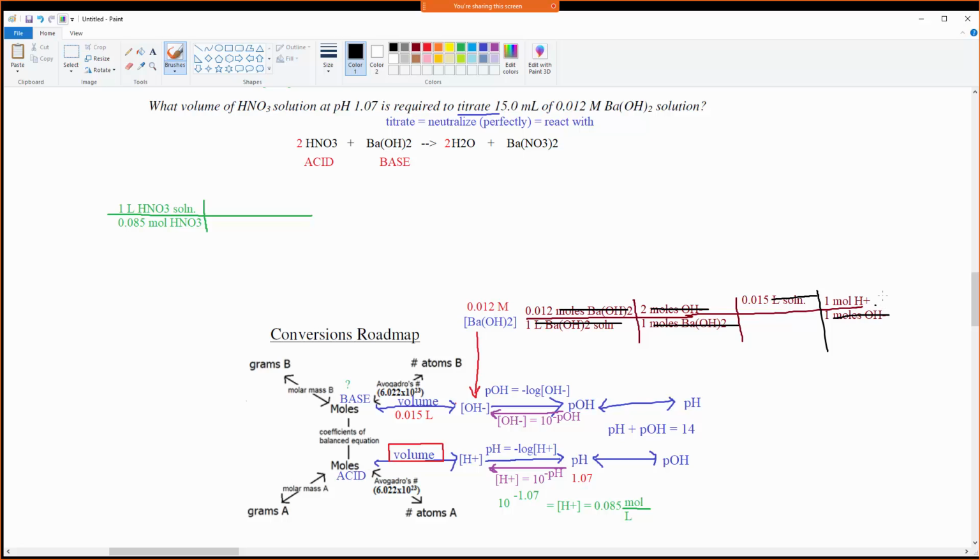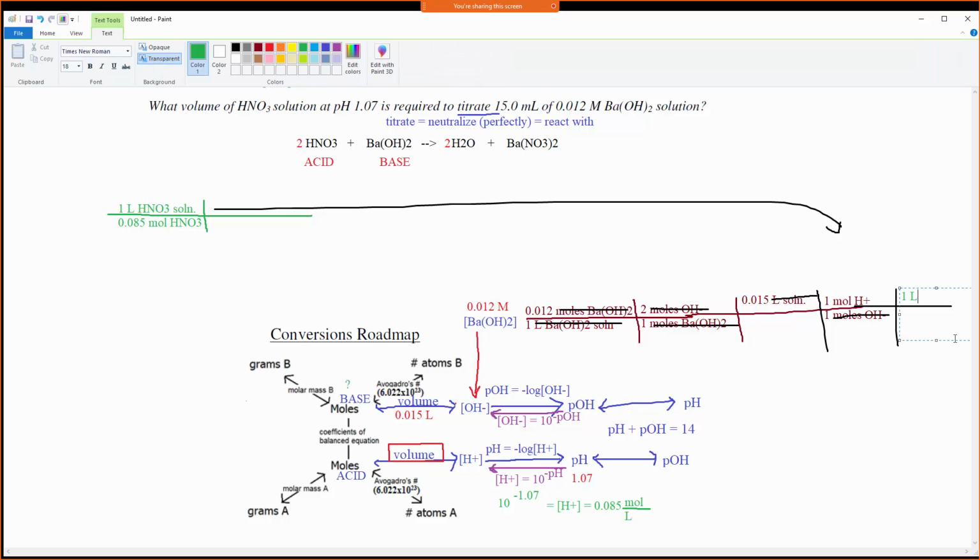Sweet, and now I can plug this right into that green equation. Or you know what's easier? I'm just going to plug the green equation in here. That's a little bit easier. One liter of that HNO3 solution has 0.085 moles of the HNO3 or the H plus in it.